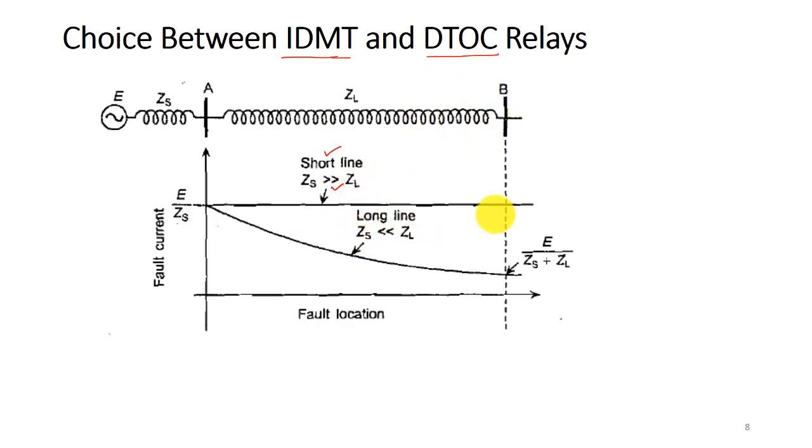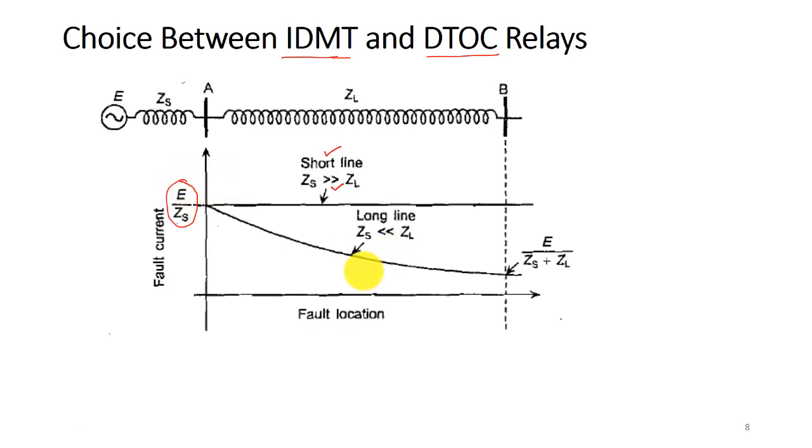Why is it so? Because if we see the characteristic plotted here, the fault current versus the fault location: for a short line, the fault current remains the same at the level of E by ZS approximately.